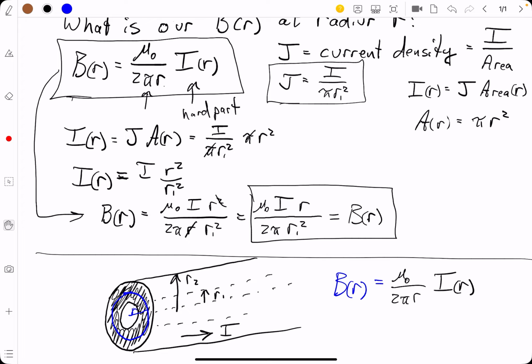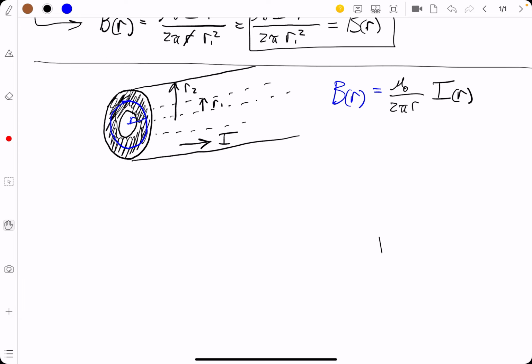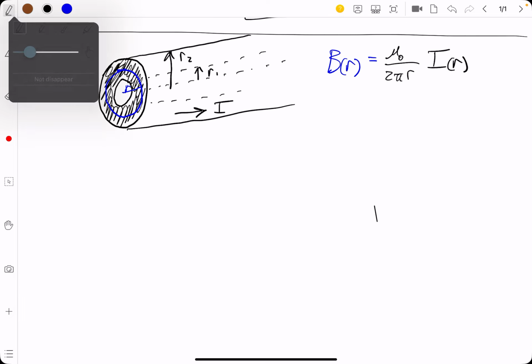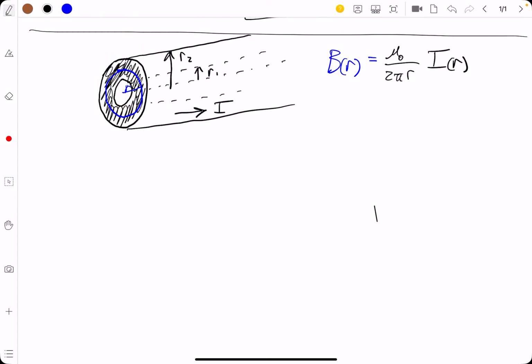I just want to make sure I got that right. Yep, okay, good. I thought so. So what is I of r? That's the hard part. Okay. Now, we still have to do the same old thing that we did before. We're going to use J, all right? So J is equal to our I total divided by the area, all right?